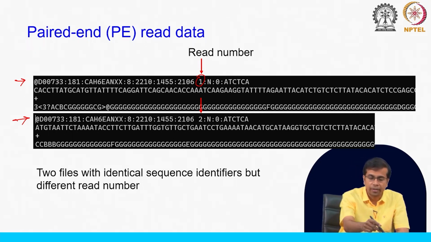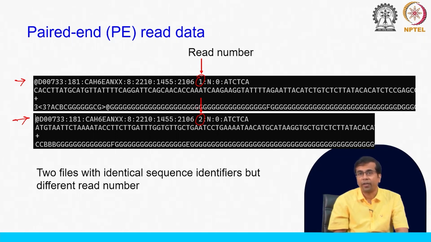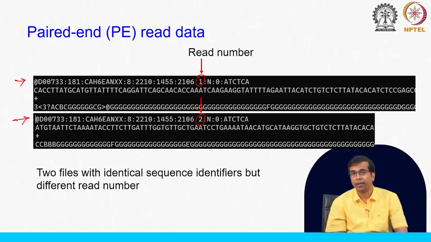Here the header line number is different: for the first read this is shown as 1, for the second one this is 2. So this tells us we are dealing with paired end data. We have two files, we have these read numbers, and we are dealing with paired end data.